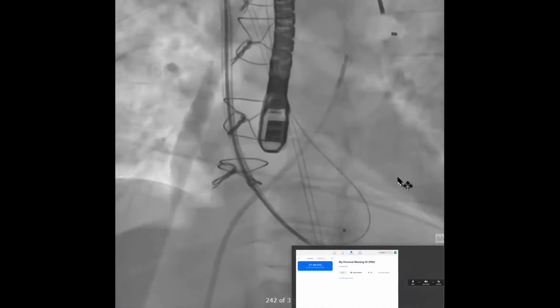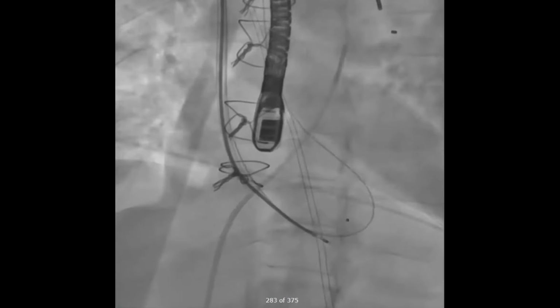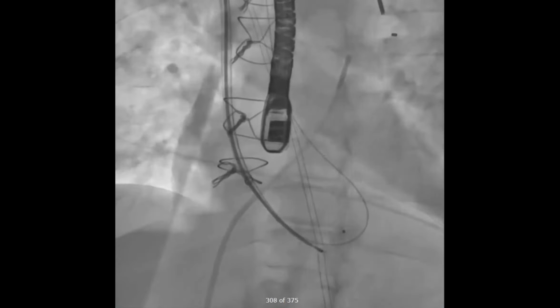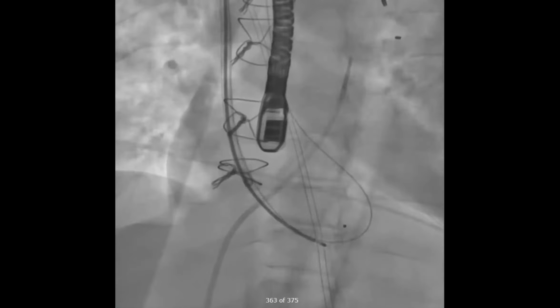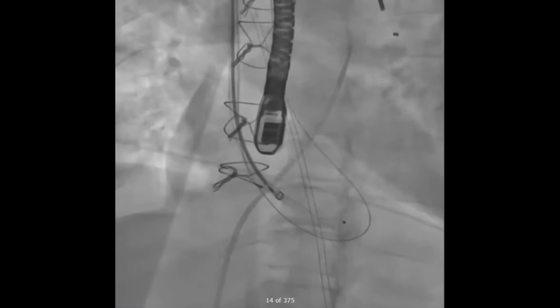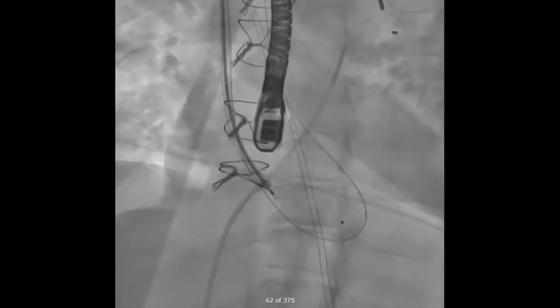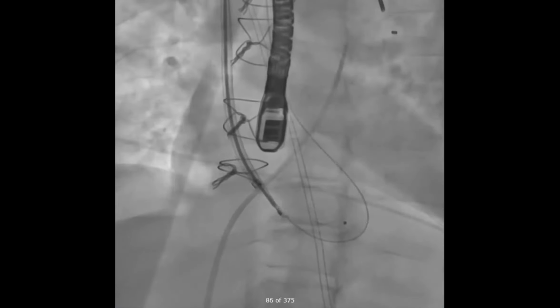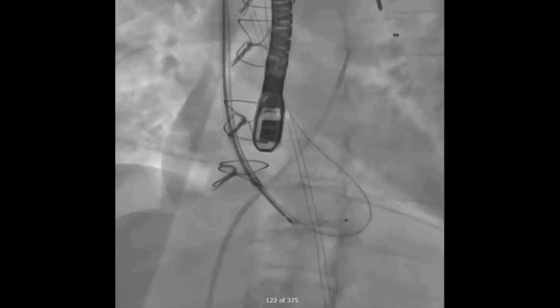Yes, I have a question, Dr. Qureshi. If there is a left to right shunt at the level of ventricle, why is the PA saturation lower than the RV? It's like 70 something to 60 something, right? Yeah, it's the slow flow. The flow is so slow that the oxygen is dissipated.